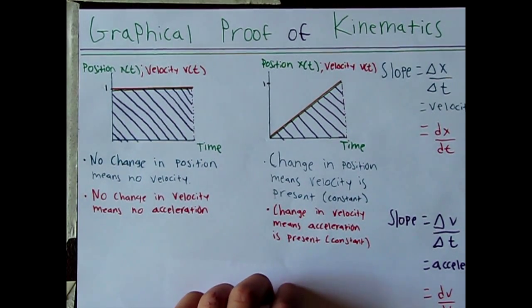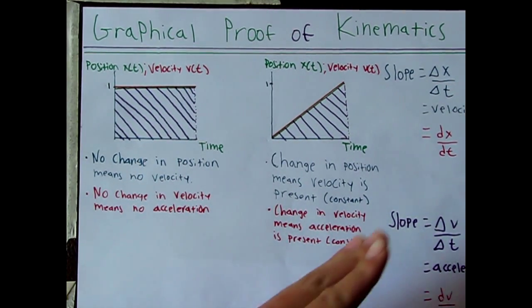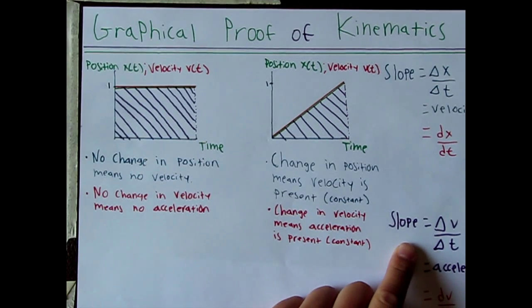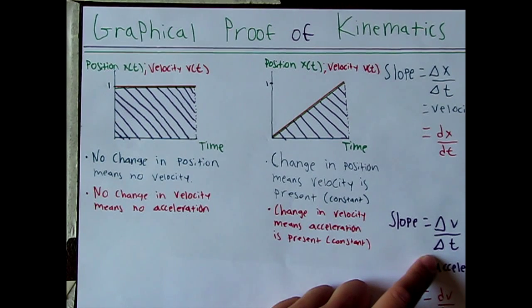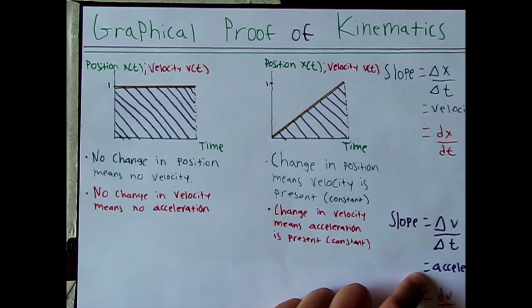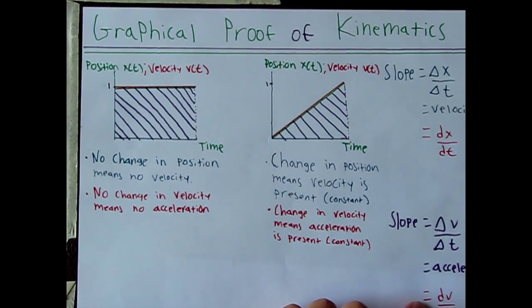Any change in velocity means that the acceleration is constant as well. So the slope is equal to the change in velocity over change in time, which is equal to acceleration, therefore dv over dt.